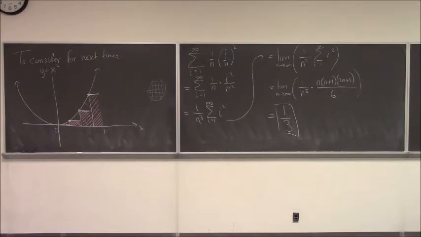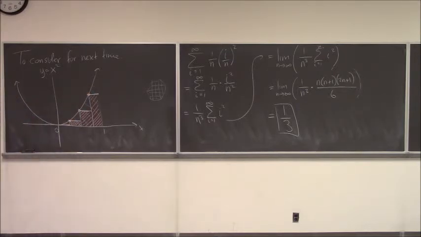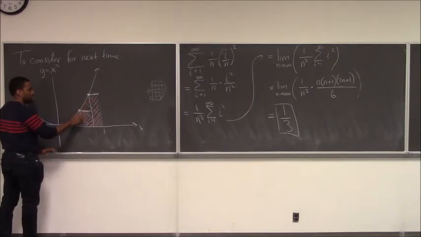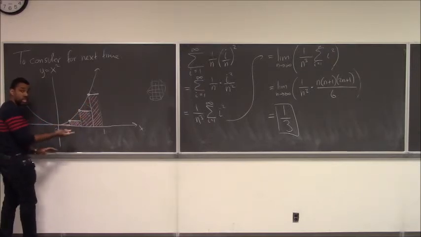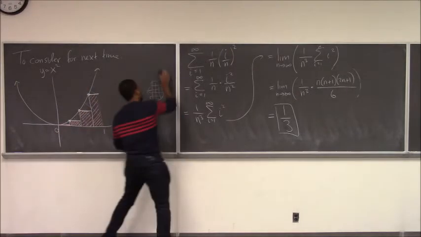Now obviously it's not going to be perfect because, look, I'm missing a lot of chunks here. So this will give me actually a smaller number than what is under the area of the curve. But you could imagine if I were to throw in more rectangles, I'd be able to fill in more of the gaps, right? And I could do this for a while. We'll talk about that pretty soon. But we can do that. And now I can talk about what it would mean to add up the areas of these rectangles.